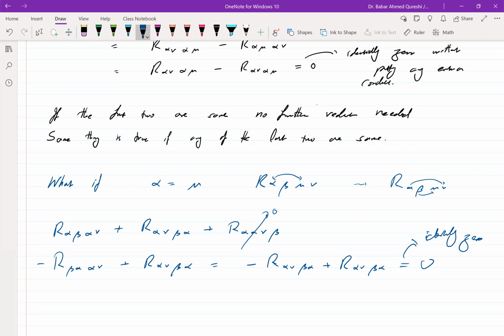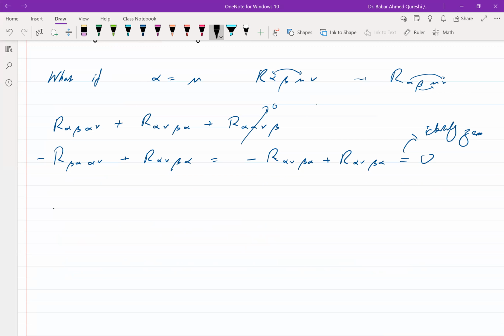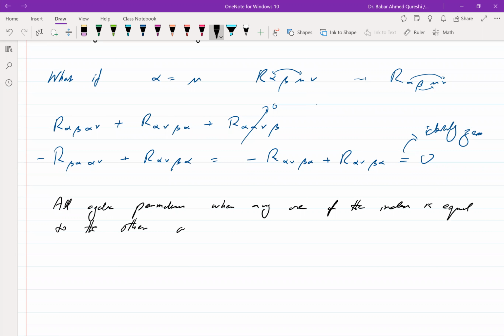It's not an independent property if any one of them is equal to the other. That means all cyclic permutations, when any one of the indices is equal to the other, are already taken care of.